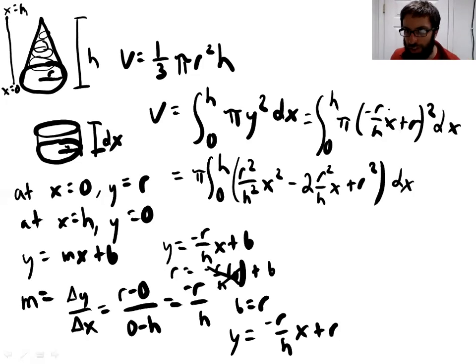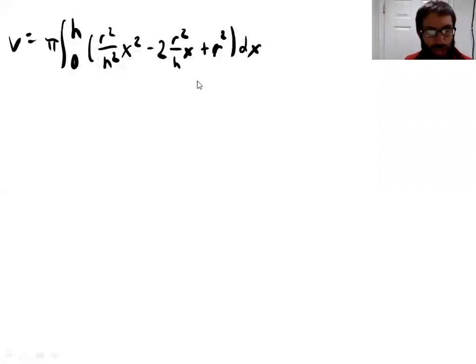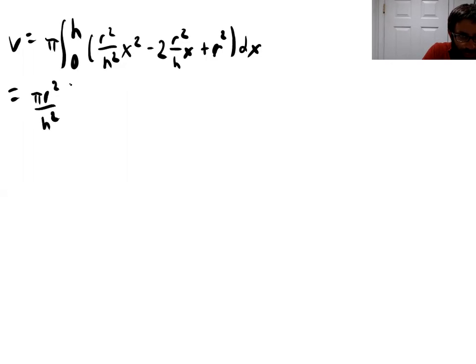Let's copy that over to the next slide. Okay, so this is what we had for our integral at this point. And now we just have to expand this out. We have 3 terms here, so we can expand out into 3 different integrals, bringing out the constants. r and h are both constants of the cone.